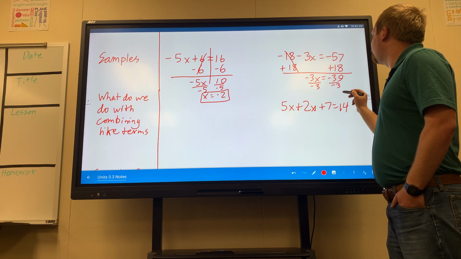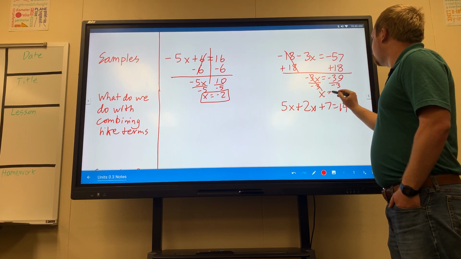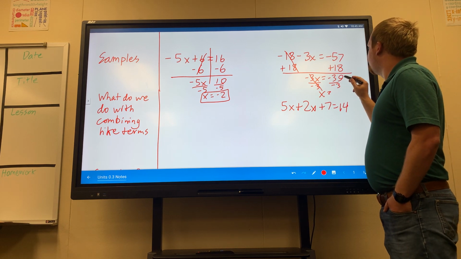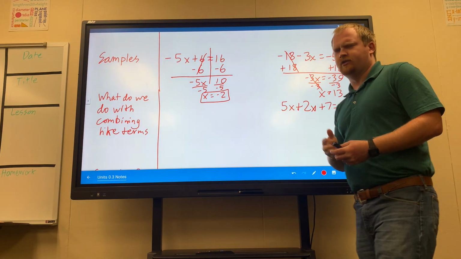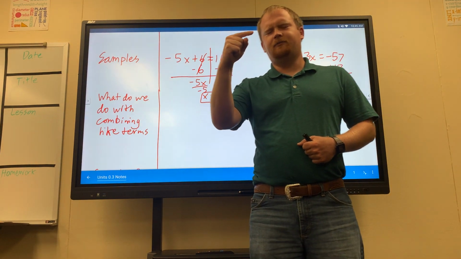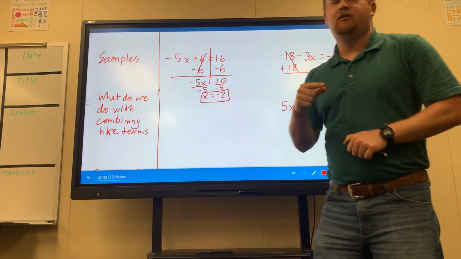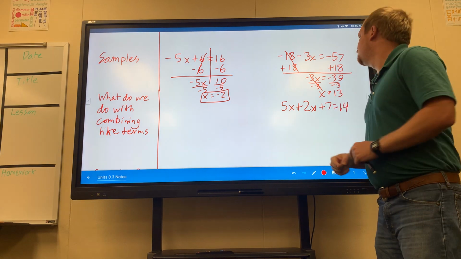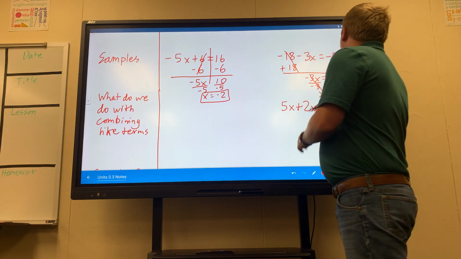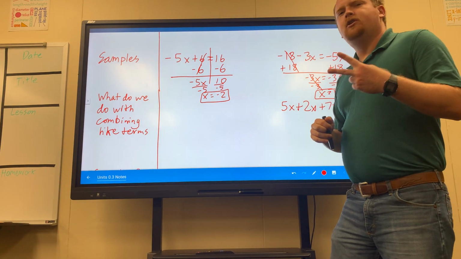So this cancels out to leave me x equals negative 39 divided by negative 3, which is positive 13. Because remember, a negative divided by a negative gives me a positive. So my answer for this is x equals 13. And again, only took me 2 steps.